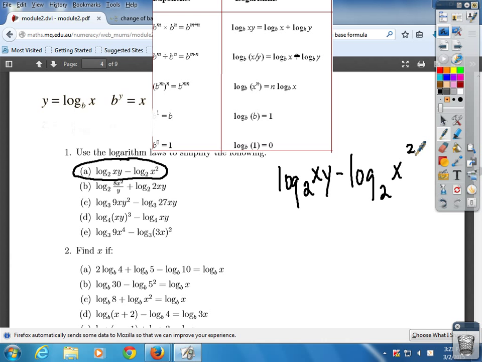And since this is a minus, I'm going to use this right here. And I'm going to say log base 2 of xy over what? X squared.